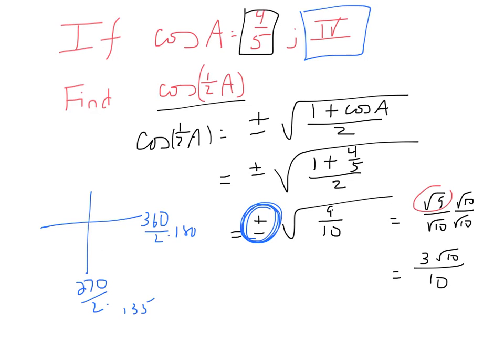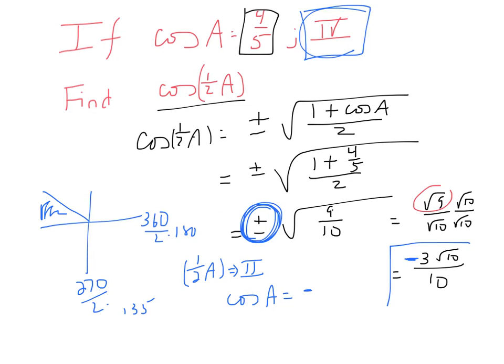And 135 and 180 sit here in quadrant 2. So the half angle will be in quadrant 2, and in quadrant 2, cosine is negative. So I'm going to pick the negative piece, and my answer will be negative 3 radical 10 over 10. You have to choose one of those.